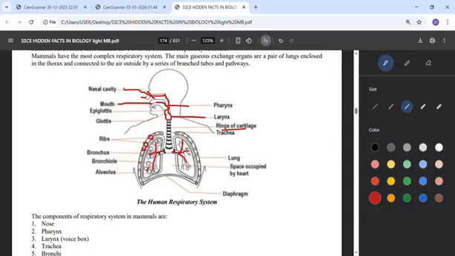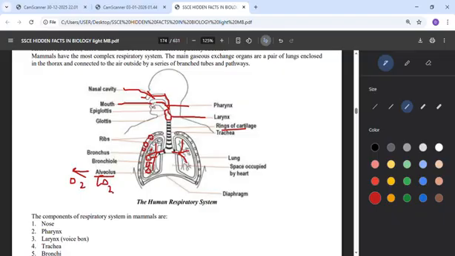Alveoli are tiny structures in between the bronchioles. And what is their work? They are doing the major work in the lungs. These alveoli are the ones exchanging gases. They bring in oxygen and take out carbon dioxide. So that's the work of the alveoli.